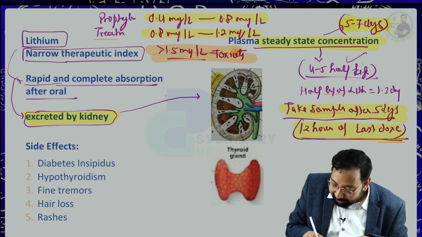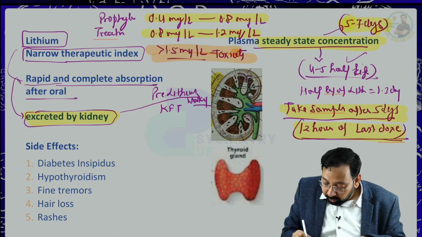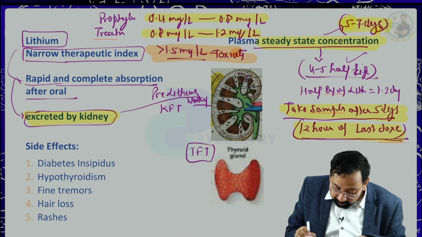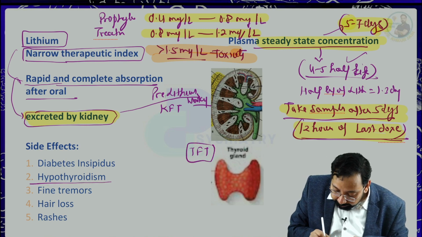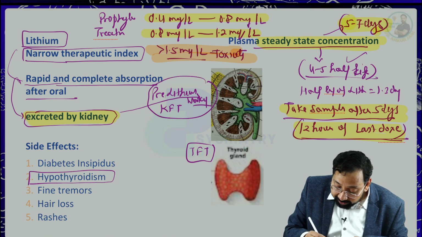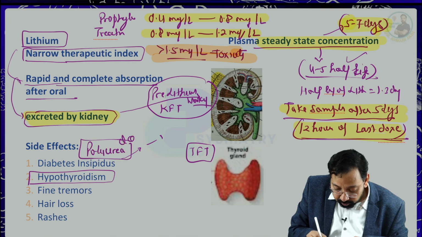So we always do kidney function test, pre-lithium workup. We also do thyroid function test because we know a side effect of lithium is hypothyroidism. It will affect the kidney: diabetes insipidus, polyuria. Questions are asked on symptoms.